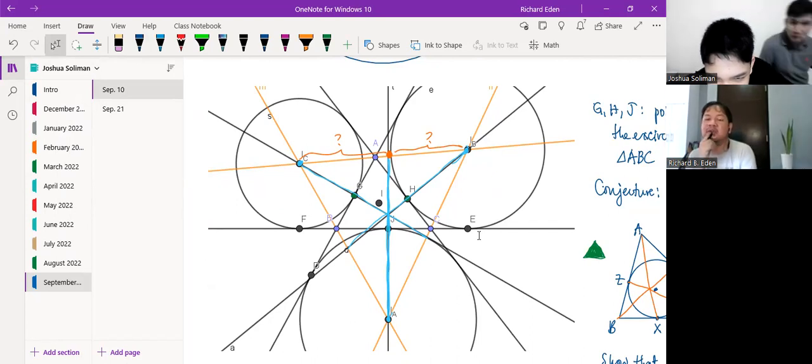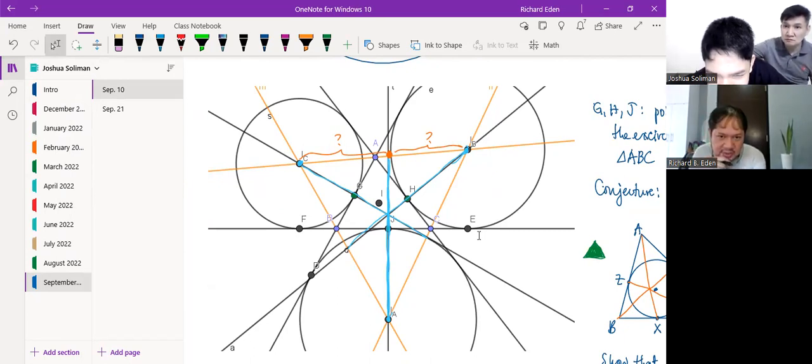Actually, I'm interested in that particular point of concurrency. It looks like the orthocenter. It could be, because if it were the orthocenter, that would mean altitude. We do have a 90-degree angle there because of the perpendicular from IA.